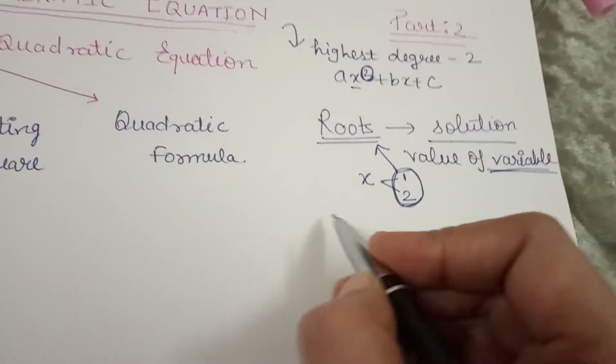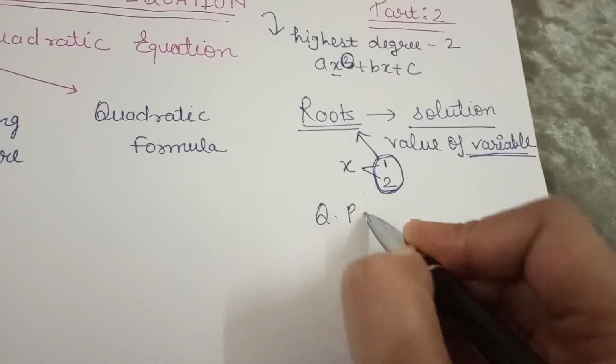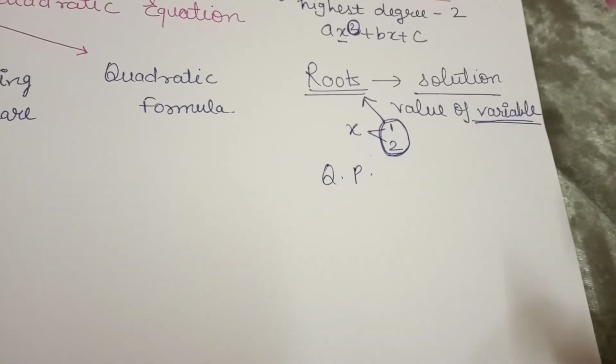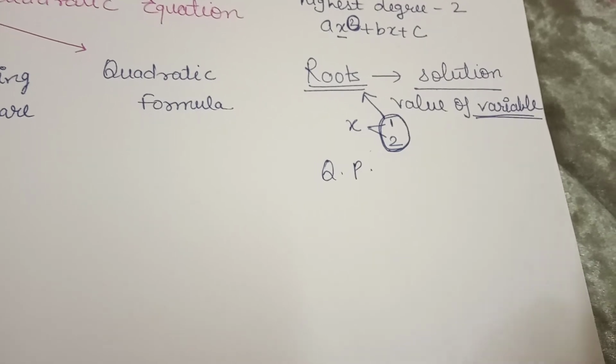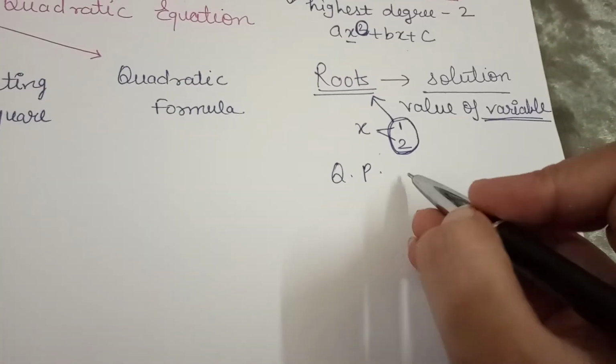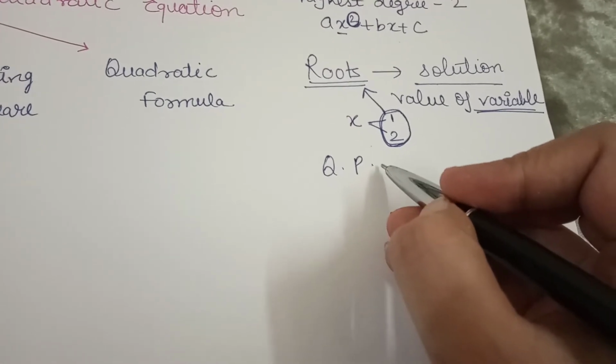Students, if you remember, in class 9th also and in 10th also you studied about quadratic polynomial. Quadratic polynomial means the highest degree is 2, but that is only a polynomial, not an equation. So in that also we found out the zeros of quadratic polynomial.